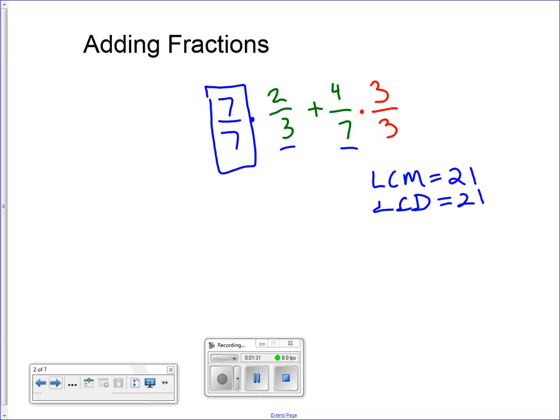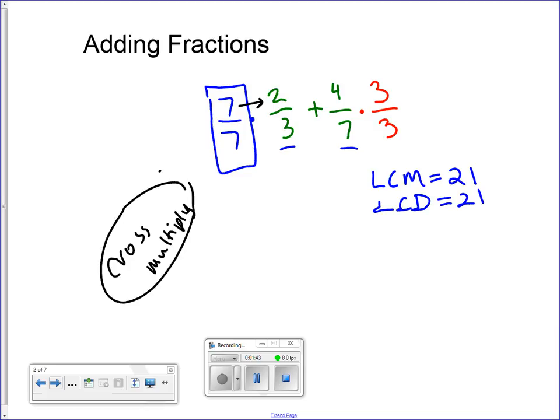Now we're going to do this multiplication. You multiply across. Do not say cross multiply. That is a banned word. Never, ever, ever say cross multiply. You are multiplying across. So you multiply the numerators and you multiply the denominators.